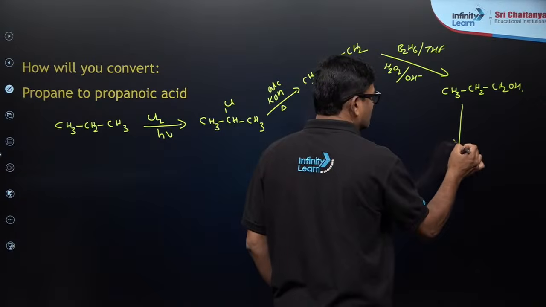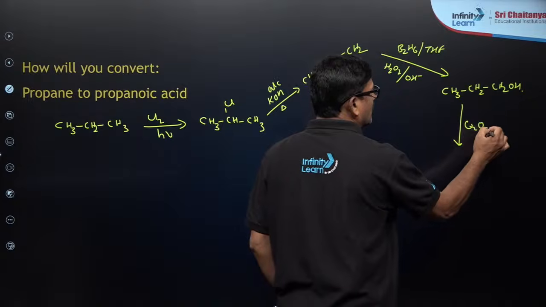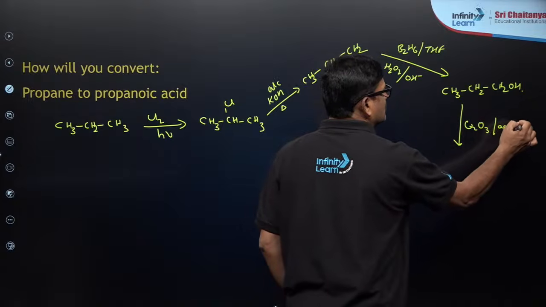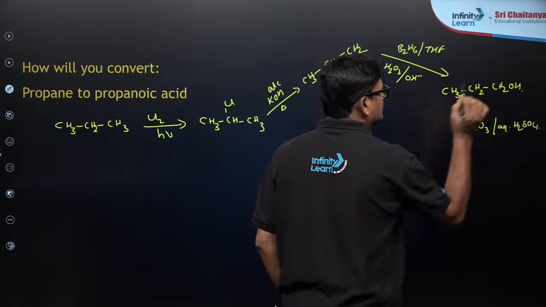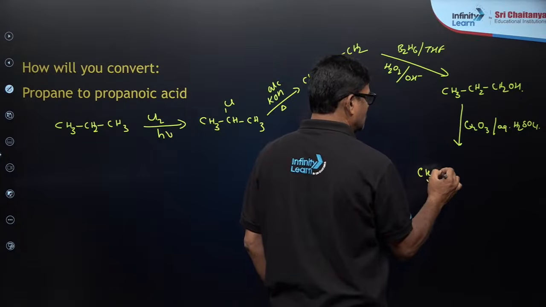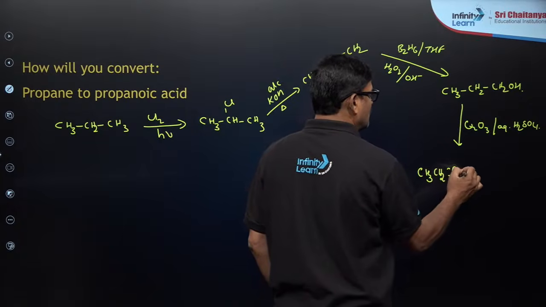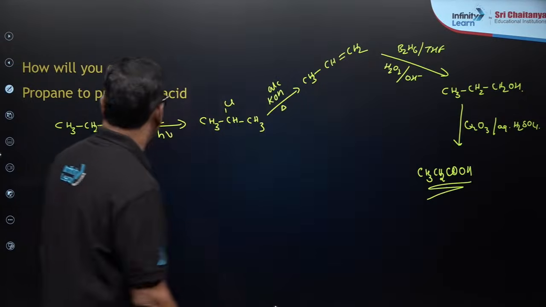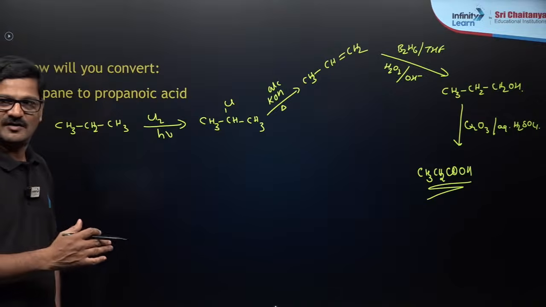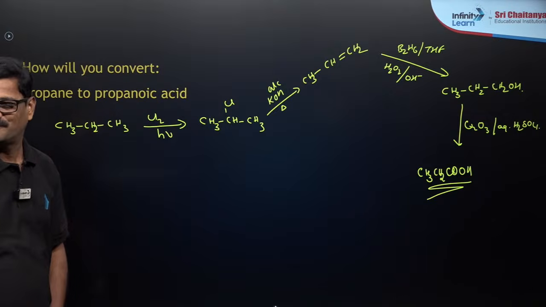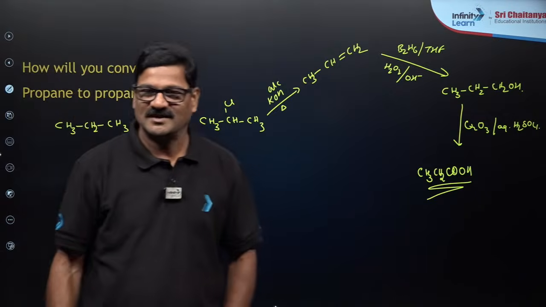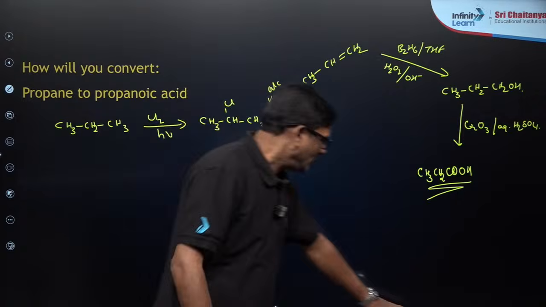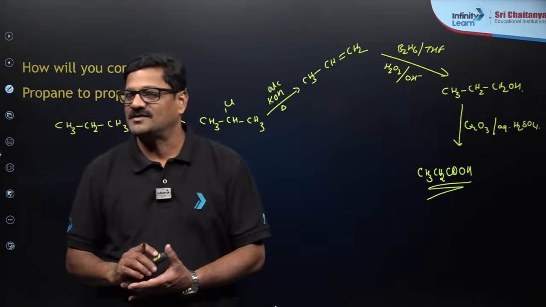And this is subjected to CrO3 strong oxidation, aqueous H2SO4, which gives rise to CH3CH2COOH. I got it. This much lengthy story should follow seamlessly. Any doubt? Clear?